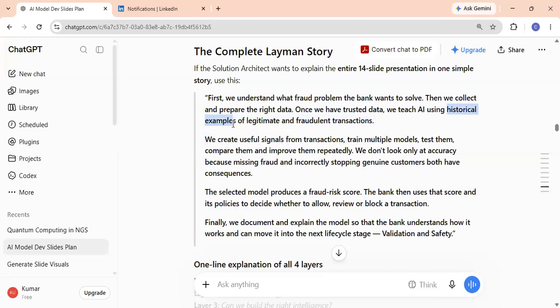We need to prepare test data with more fraudulent transactions along with some legitimate transactions, right? It means we need to prepare the customer history. Within that, more fraudulent transactions need to be there to test the model correctly.